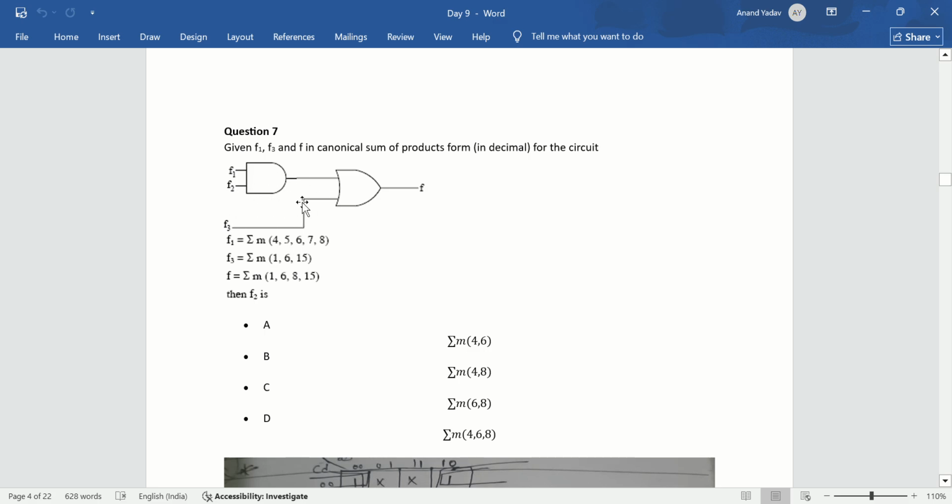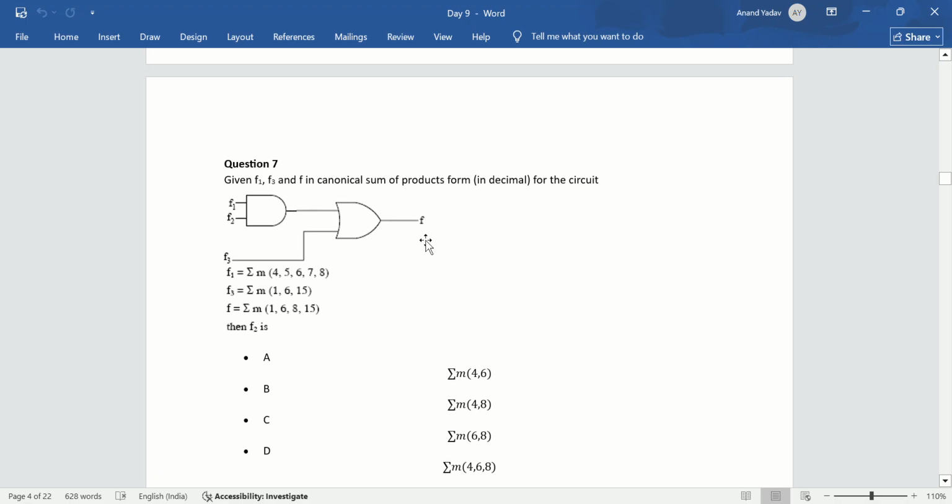AND means both are the same, then its output will be forwarded. And in F3 this is a union like structure. So for F2 I will get at F these values 1, 6, 8, 15. 1, 6, 8 and 15 are contained by the F1 F2 operation and the F3 operation.